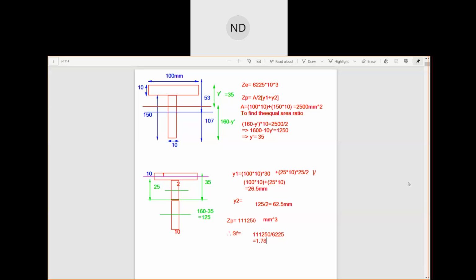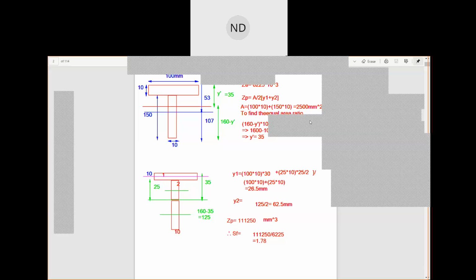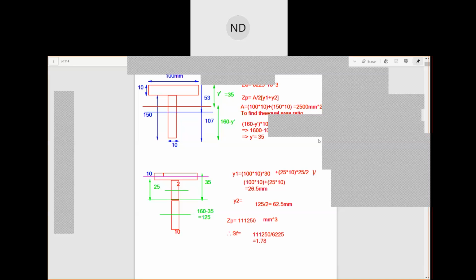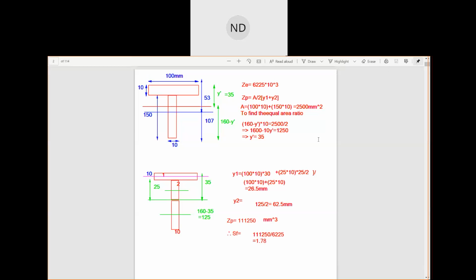For plastic hinge also. Okay, done. Shape factor, everybody has got 1.78.